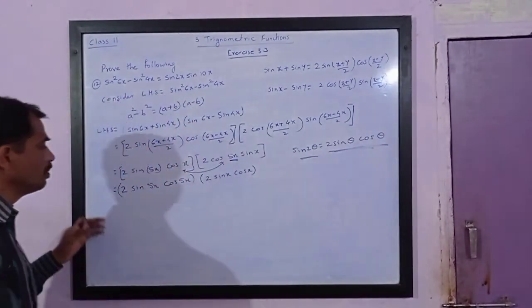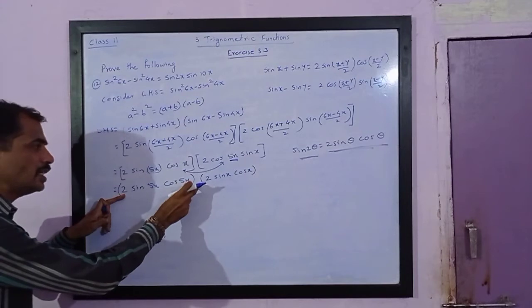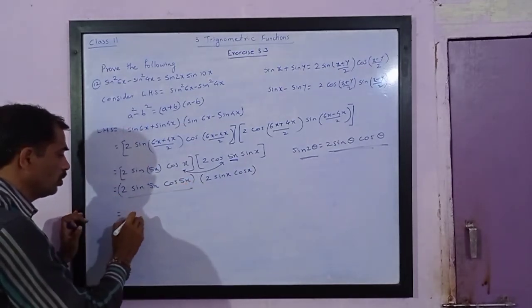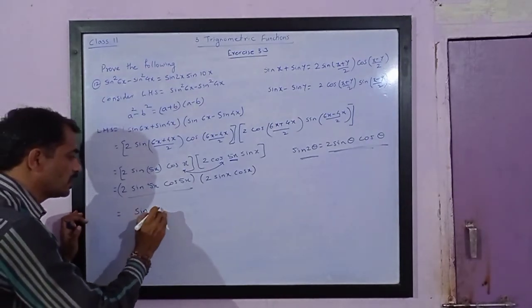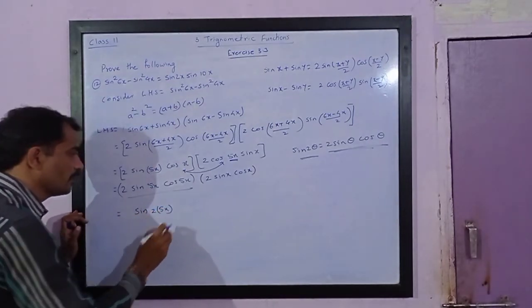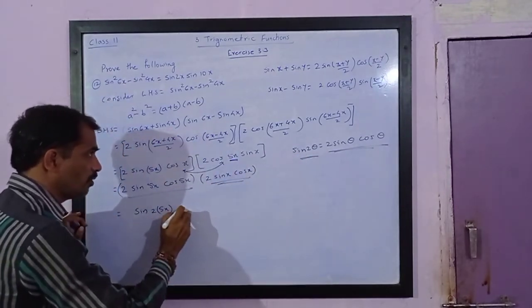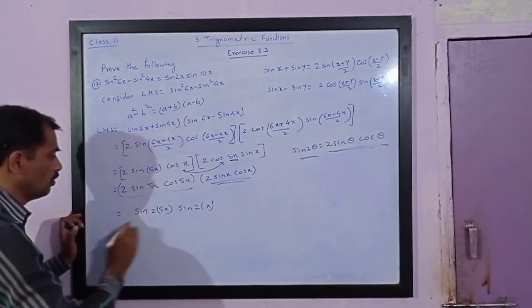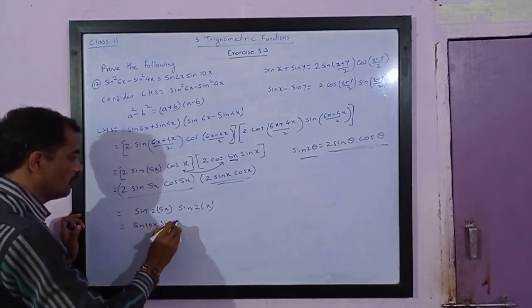So this is 2 times sine of 5x cos of 5x, so this total is equal to sine of 2 times 5x, and this becomes sine of 2 times x. So if you solve this further, you will get sine of 10x into sine of 2x.